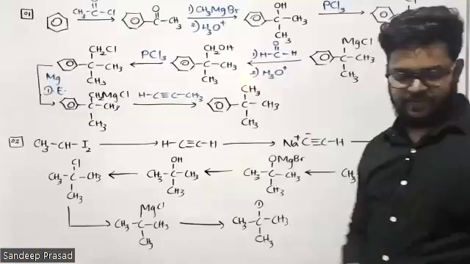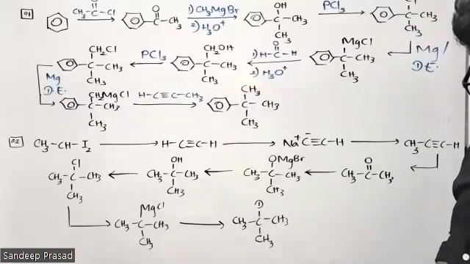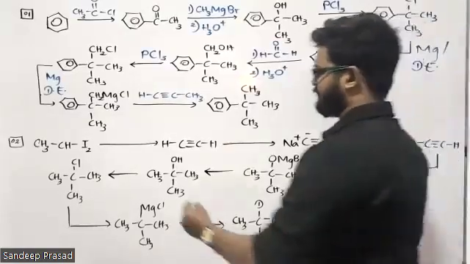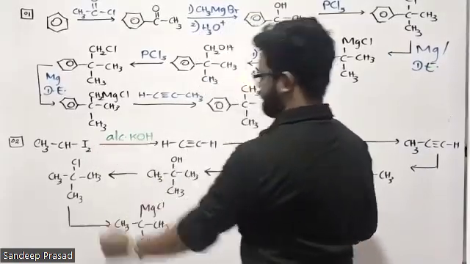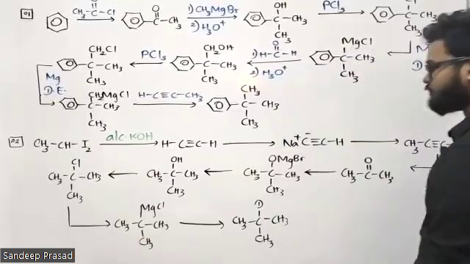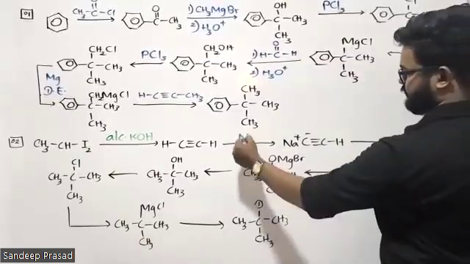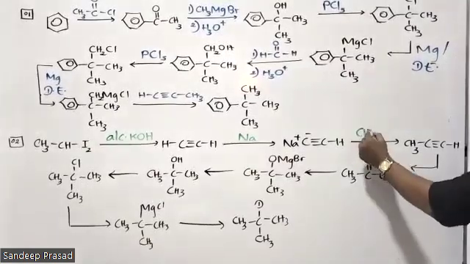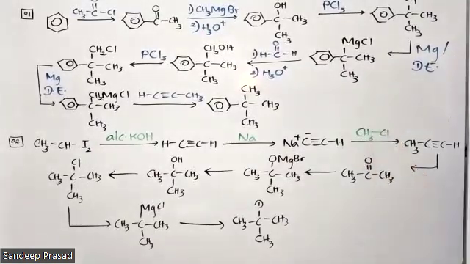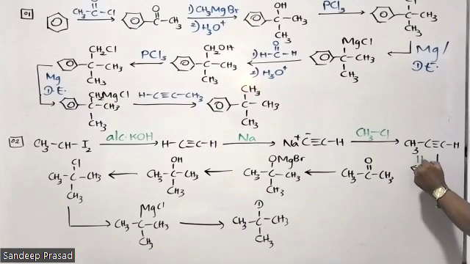So what is the compound that we have to add here? We have to add alcoholic KOH. Sodium. CH3Cl. Mercuric cation, H2O plus.